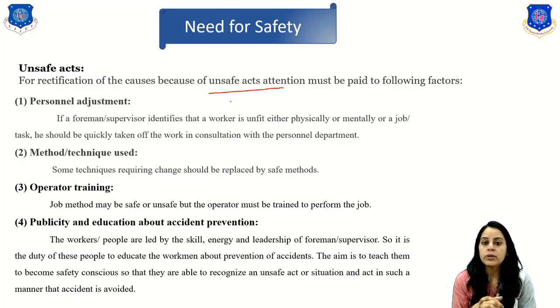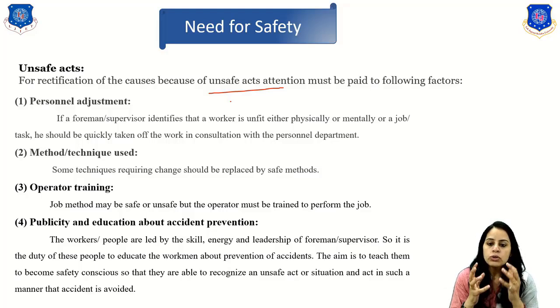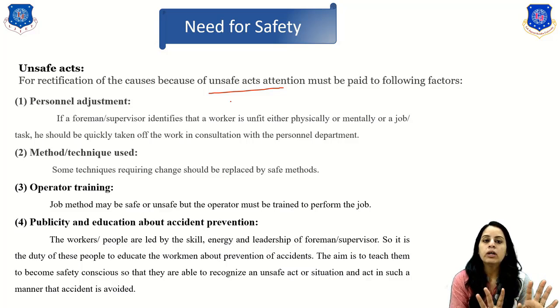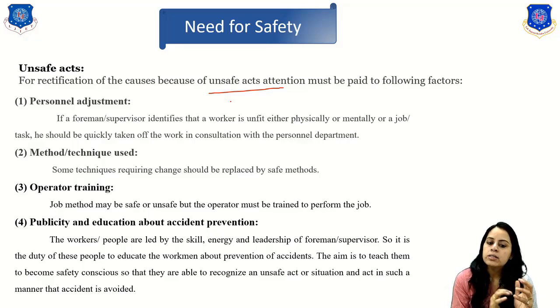The first one is personal adjustment. What do we mean by personal adjustment? If the foreman or supervisor identifies that a worker is unfit, either physically or mentally, for a job or task, he should be quickly taken off the work in consultation with the personnel department.